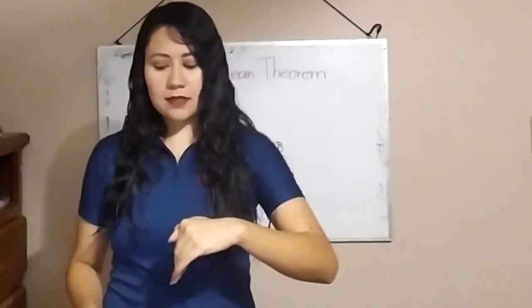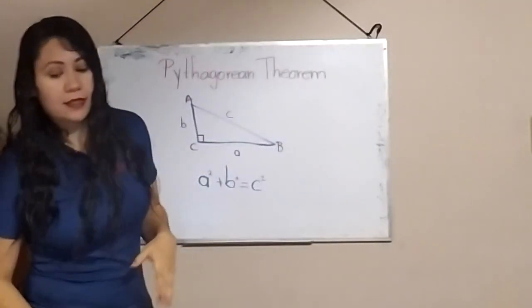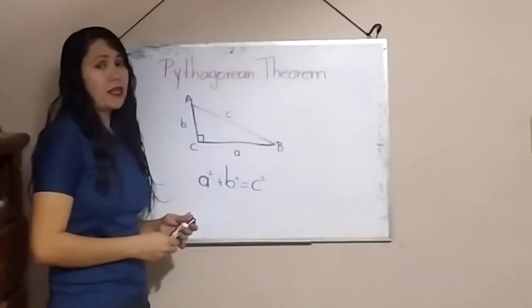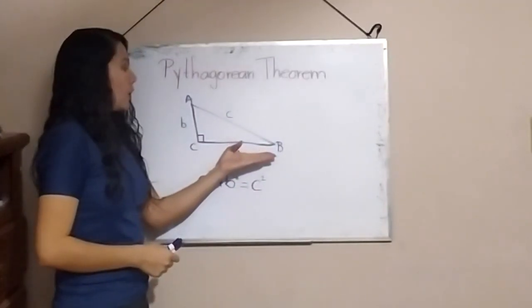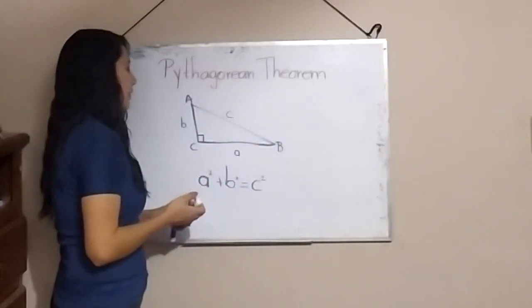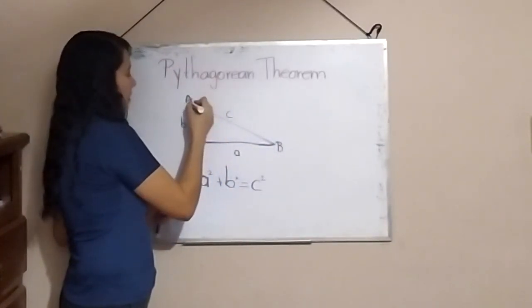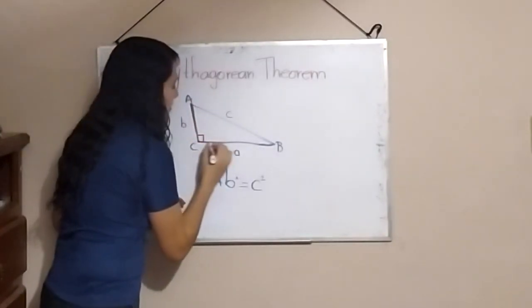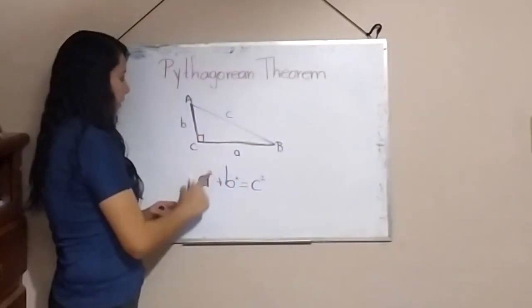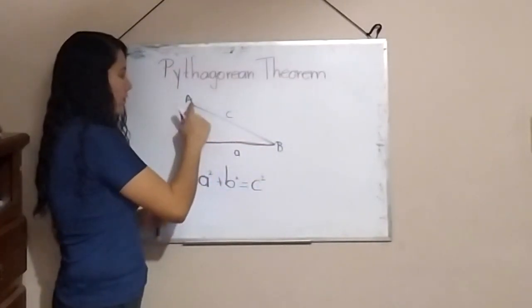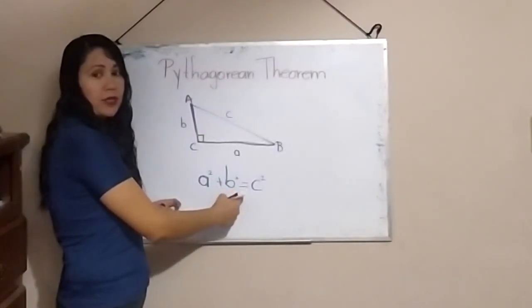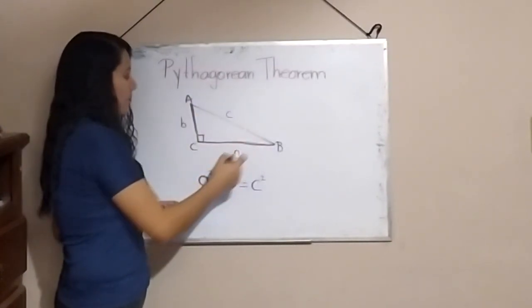And the last part of our review is the definition of the Pythagorean theorem. The Pythagorean theorem says that the sum of the squares of the legs of the triangle, the legs being the two sides that are connected to the right angle, the squares of both of them added together, is always going to be equal to the square of the hypotenuse.